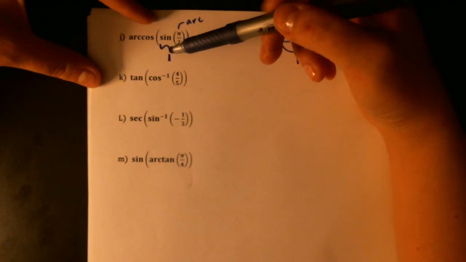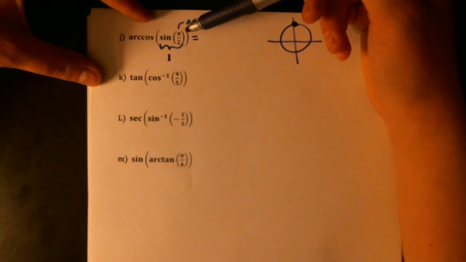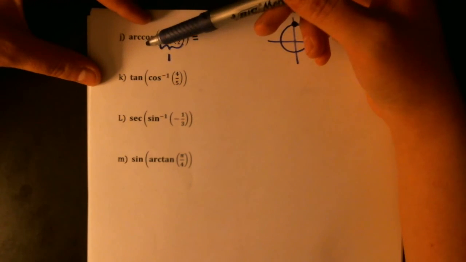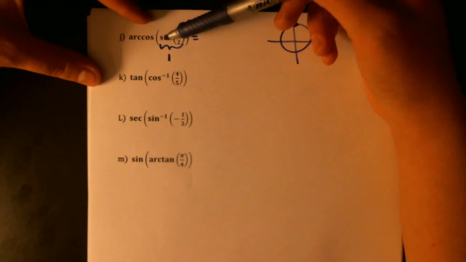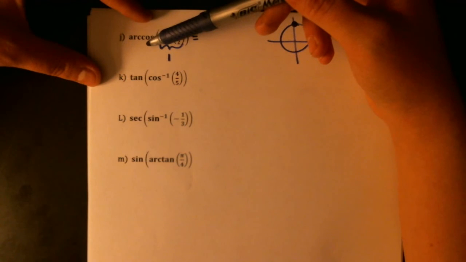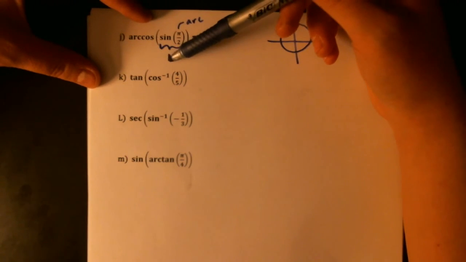I then need to take the 1 and plug it into arc cosine. So once again, sine was telling me my y value, but as soon as I plug that into arc cosine, these two aren't talking about what that 1 means. Arc cosine automatically assumes, it's the only thing it's able to do, that this is an x value.